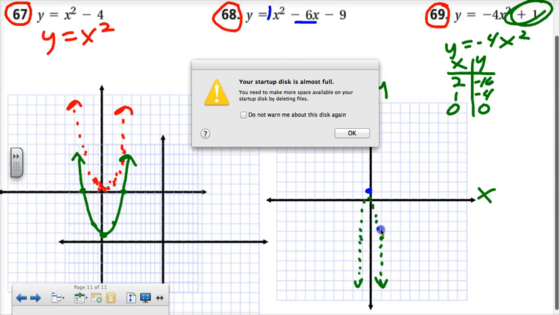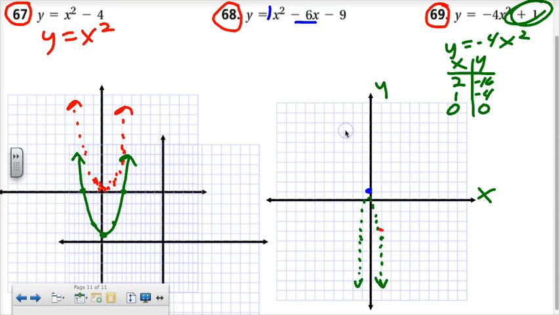So we take those few points and move them up. And there it is. So a little review on graphing there. And that should do this.